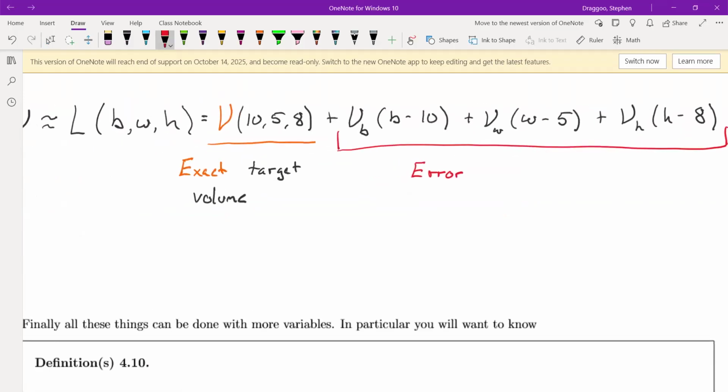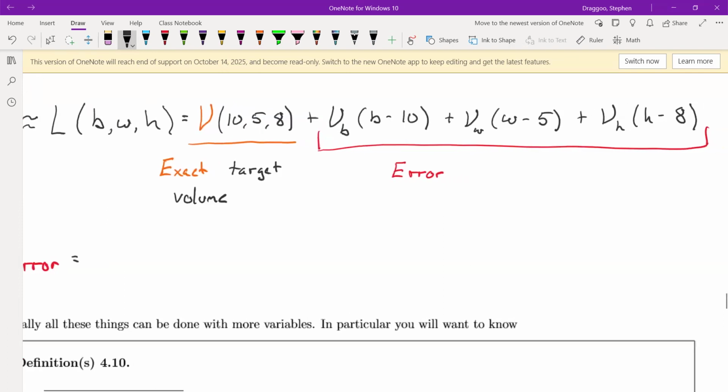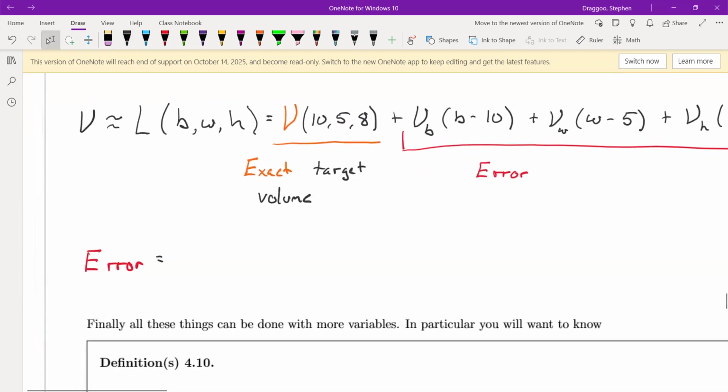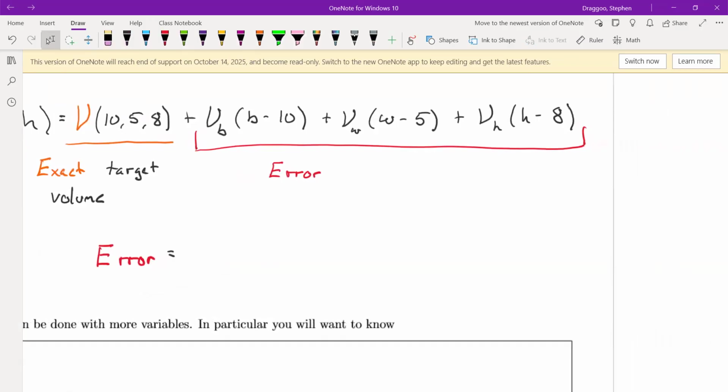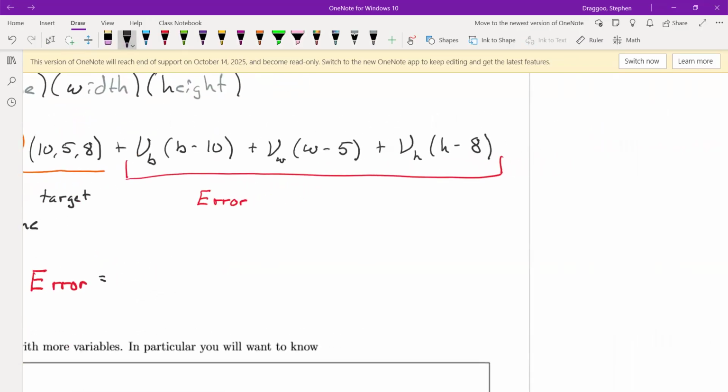So if I'm looking to calculate the error, it's going to be each of those partials evaluated at 10, 5, 8. Let's slide it over here so I can just write it down below. Which means I should go collect some partial derivatives. Let me just go write those down.